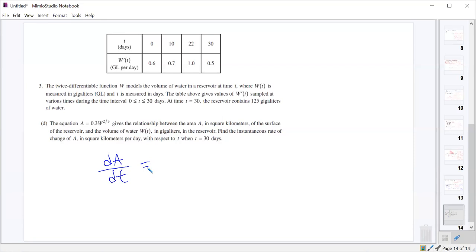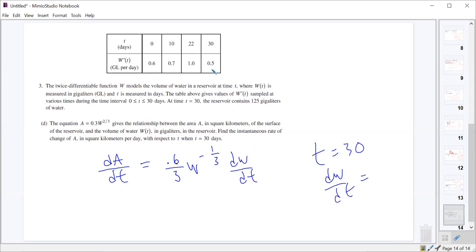So dA/dt needs to equal the derivative of 0.3 times W to the 2/3, which ought to be 0.6 over 3 W to the negative 1/3 dW/dt. And we're talking about when t equals 30. At t equals 30, dW/dt, the derivative of W, ought to be 1/2.